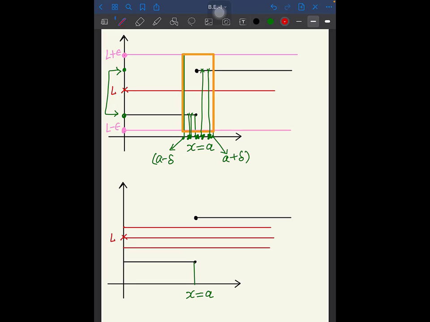Now these are the lines of your L minus epsilon to L plus epsilon. I've chosen a comparatively very small epsilon. Now no matter which delta you choose around your x is equal to a, that means here to here, this line and this line, now mark your box carefully.